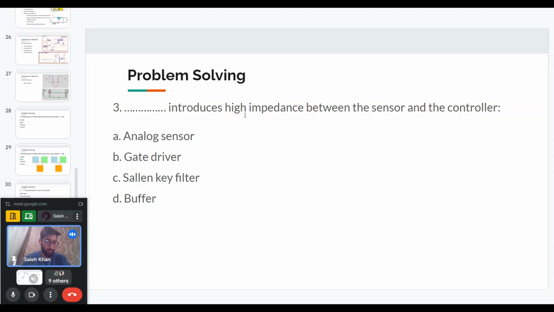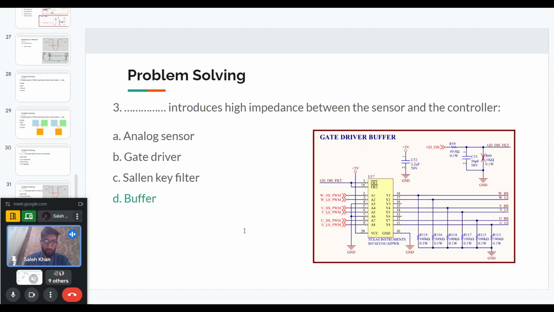One use, as is shown here, is that it provides a high impedance between two circuits. What is usually the case is the controller cannot provide high currents or sink high currents. So that is why whatever is connected to the controller should have high impedance, so that it will not draw any current, and it should not give a lot of current to the controller either. So that is why we can use a buffer for this.